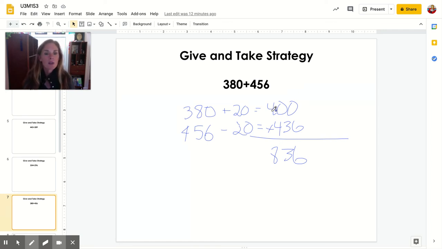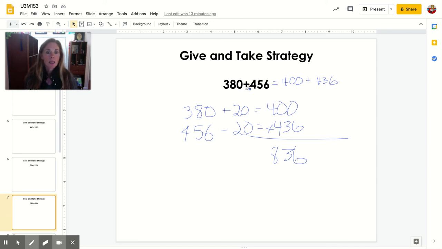So give and take strategy. Whenever you take something away from one number, you have to give that to the other number to make sure that the equations balance, right? Whatever's on the one side of the equal sign. So this is essentially the same as 400 plus 436.